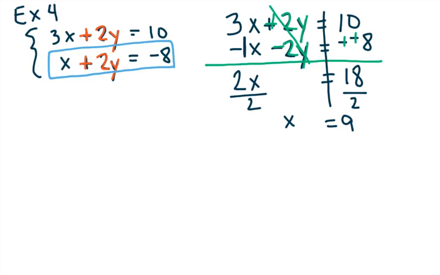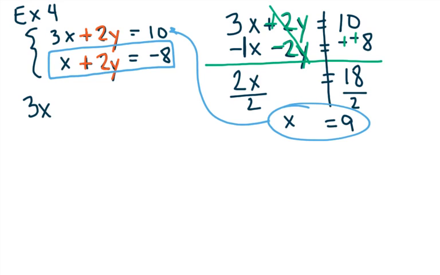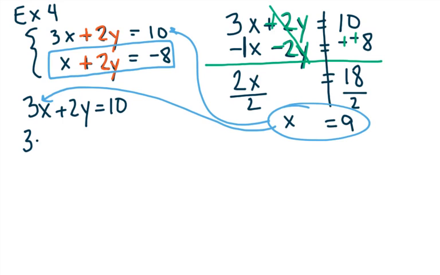Once we have x, we plug it into one of the original equations. I'm going to use the top one. So I have 3x plus 2y equals 10, and I plug that x equals 9 in for the x. So I have 3 times 9 plus 2y equals 10, and let's solve that.